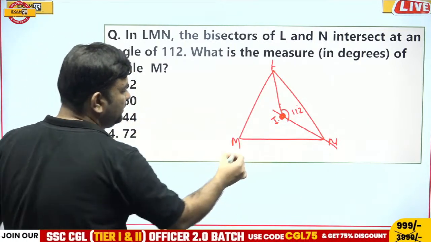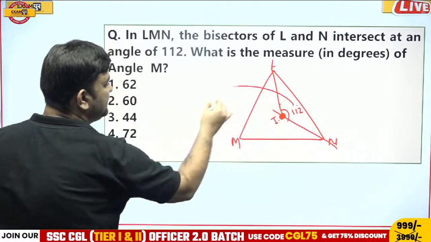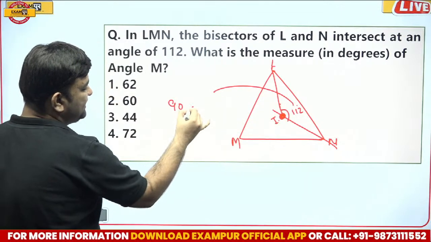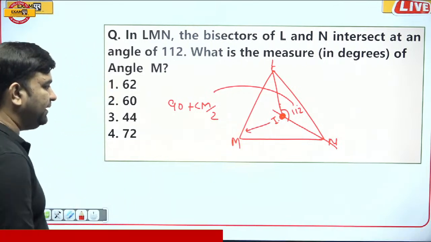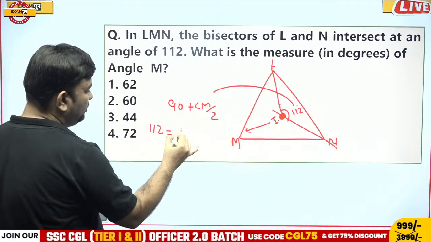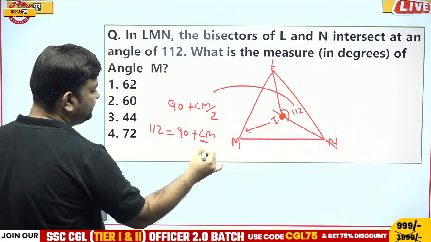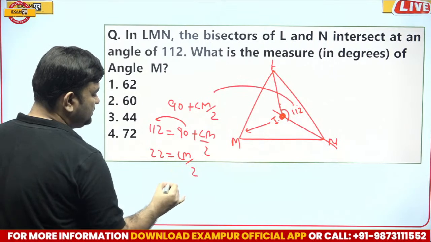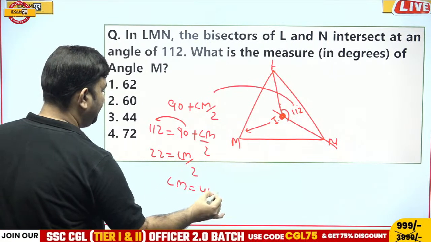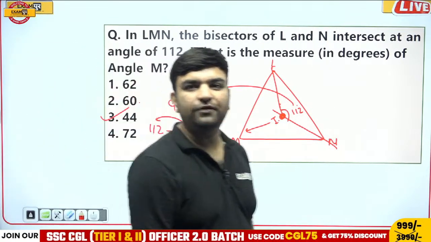This angle is 112. And the value 112 is equal to 90 plus vertex angle divided by 2. So 112 is equal to 90 plus m by 2. So 22 is equal to m by 2. So angle m is 44.